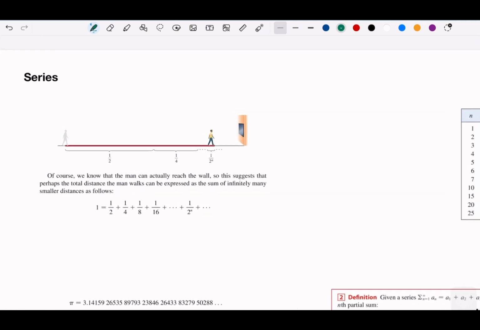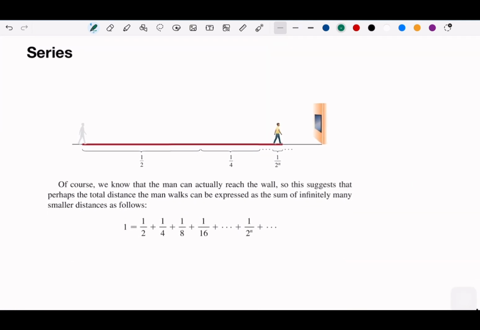Okay, as we mentioned at the early introduction of sequence, we have these conditions which we call the Zeno paradox. You could look up that paradox, which was stated by Zeno, and he stated how ridiculous it could be.